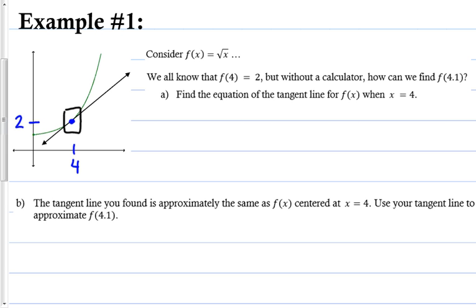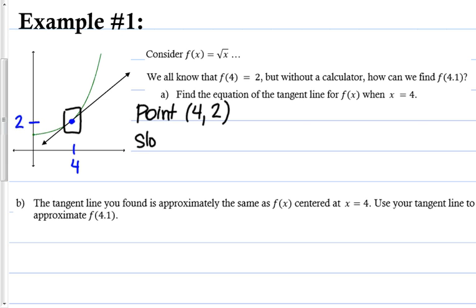So A, we're going to find the equation of the tangent line for f of x when x is 4. For the equation of the tangent line, I need a point and a slope. My point, they want me to use x equals 4, and then the y is going to be 2.